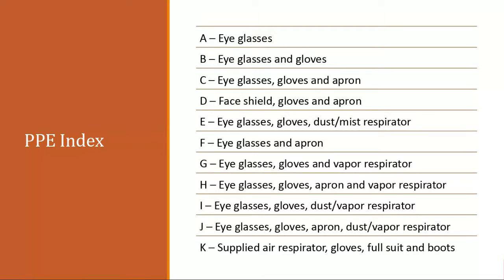Looking at these right now, A, B, and C are probably the PPE indexes that we will be using in the lab. We're not going to go as far as using any type of respirators or full body suits, boots and gloves. We're not working with any type of nuclear or radioactive materials.